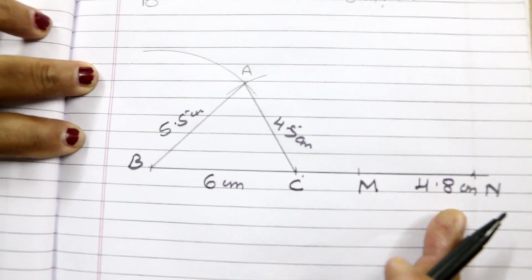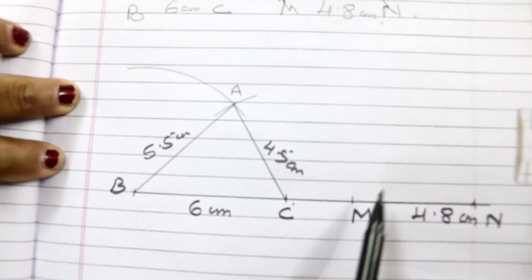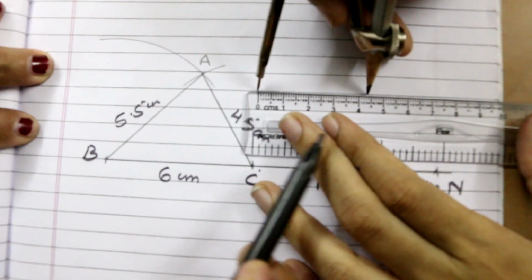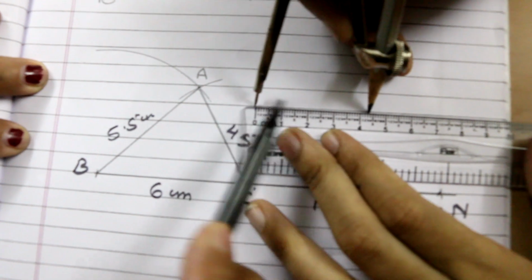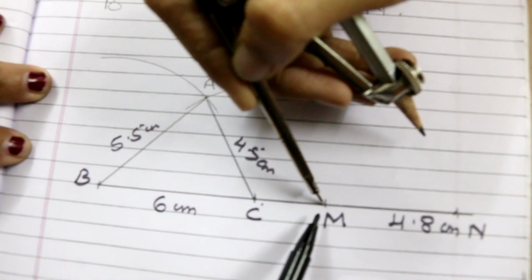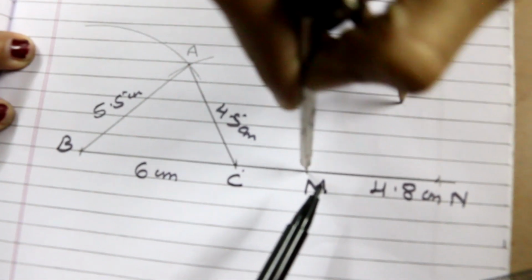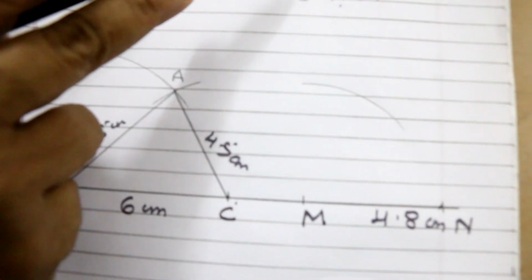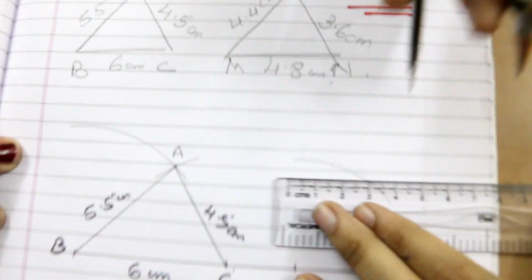Let us draw triangle LMN. Now LM is 4.4. Adjust the compass 4.4. Now keep the pointer at M. Give an arc. Yes. Now take LN 3.6.